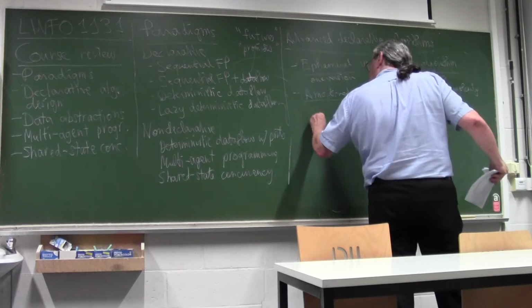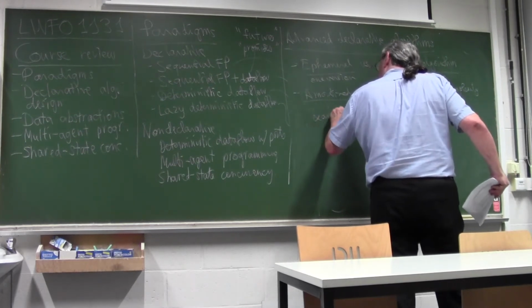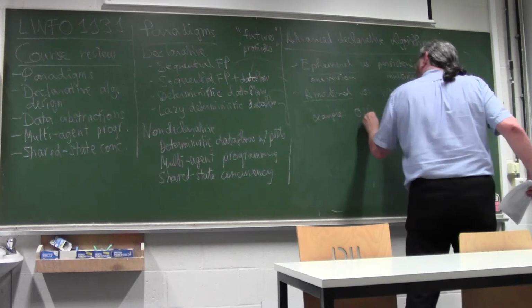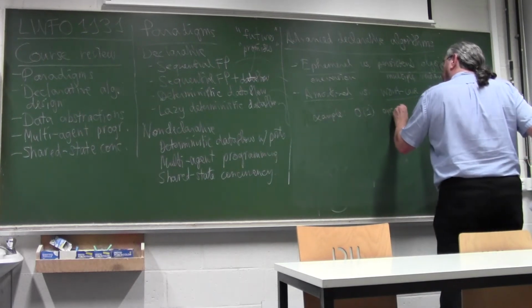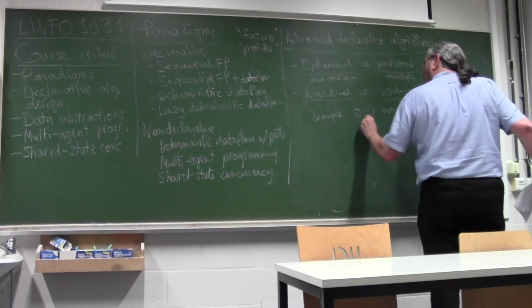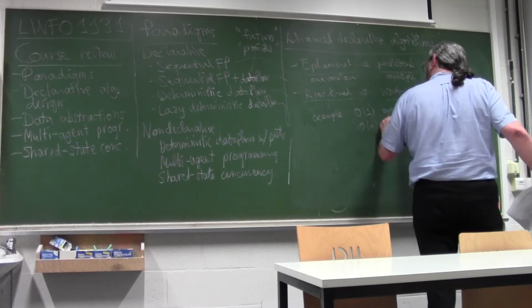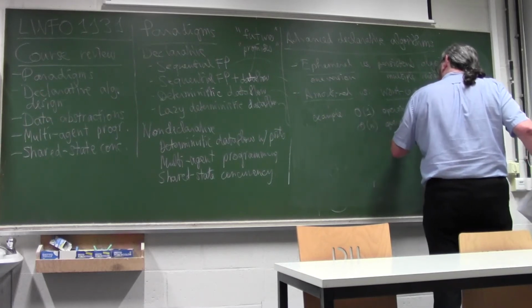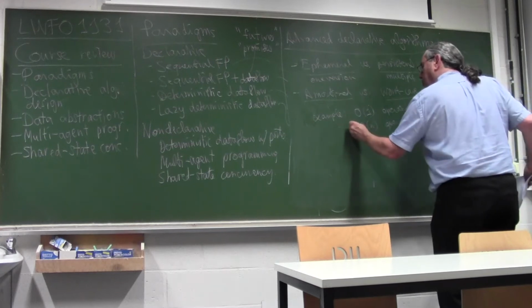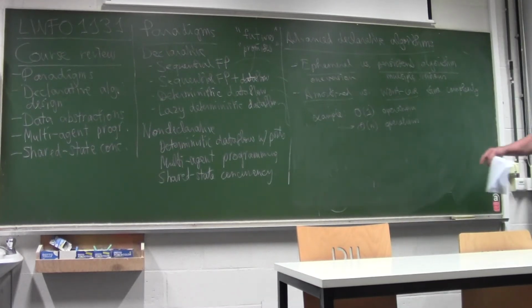So for example, if I have operations that are constant time, O(1) operations, and then I have operations that take O(n) time, then these operations are expensive, okay? For some number n.